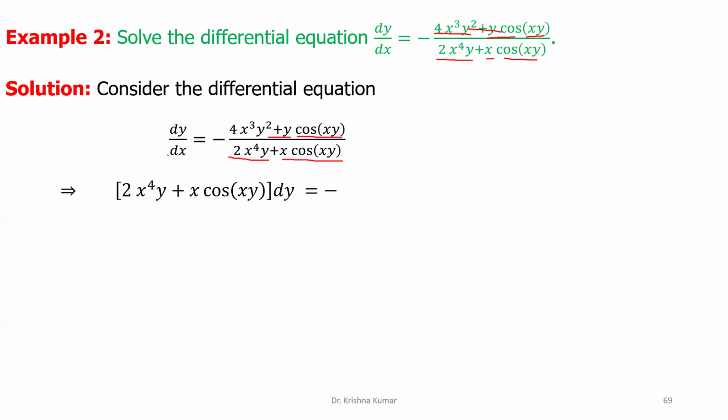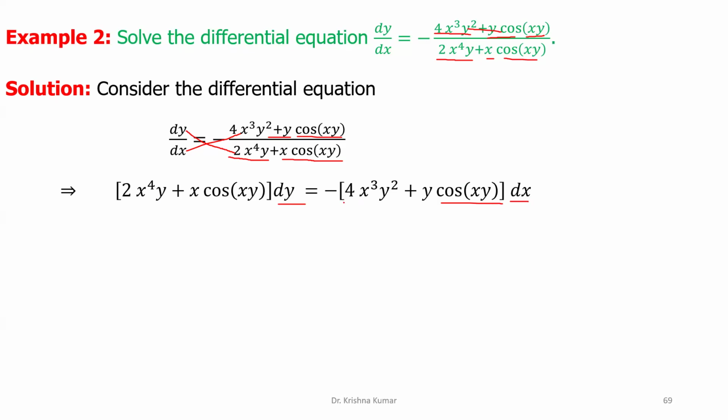This can be written as, let us take the cross multiplication: (2x⁴y + x cos xy) dy is equal to minus (4x³y² + y cos xy) dx.